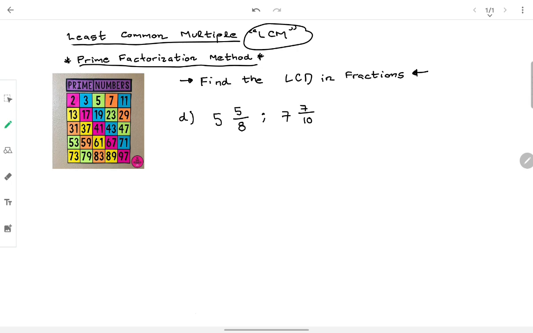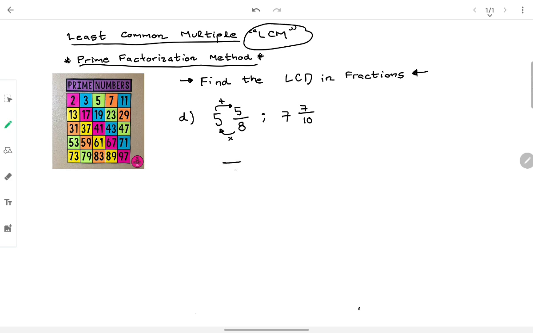If we want to look for the least common denominator in two mixed numbers, what I recommend is to convert the mixed numbers to improper fractions and then look for the least common denominator of the fractions.